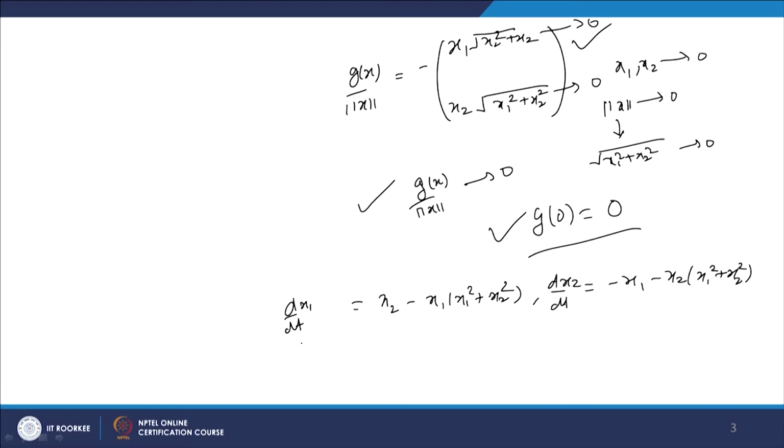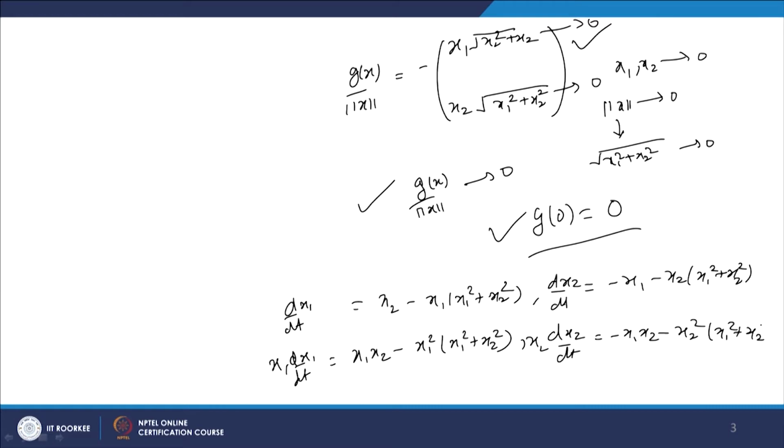So here we multiply by x1, so we have x1 dx1 by dt, which is x1 x2 minus x1 square times (x1 square plus x2 square), and x2 dx2 by dt is equal to minus x1 x2 minus x2 square times (x1 square plus x2 square).